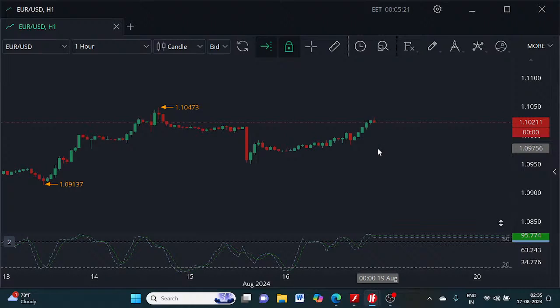Even at the current juncture, the stochastic indicator is showing bullish momentum. My sense is, given the price formation of higher highs and higher lows, we are likely to see the Euro USD climbing past the 1.104 level in coming sessions, if not today itself.